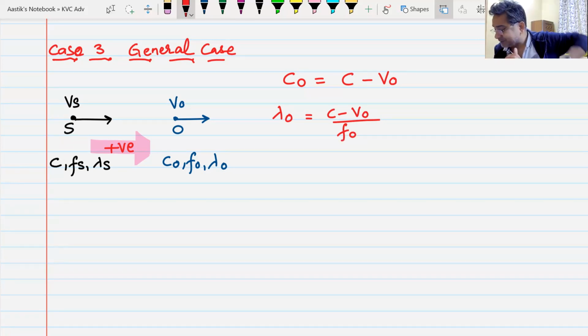Do we understand this? How can I write lambda s? Sir, C by Fs, sir. Yes or no, sir? Yes, sir.